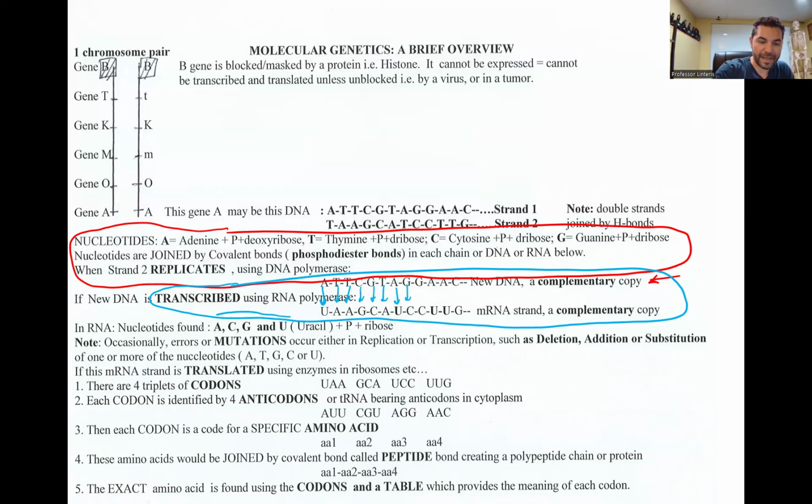We know that RNA has the A, C, G, and U, the presence of uracil. Excellent. And then we have the third part, which is the translation. We can see that this codes for some amino acid, right? And I will show you the chart.